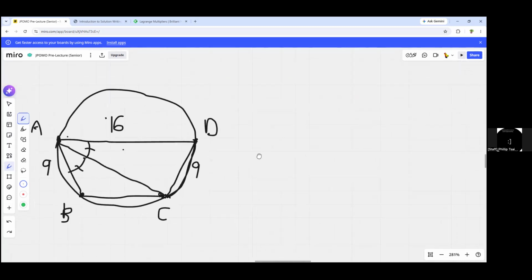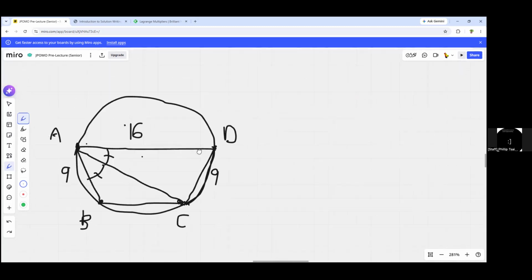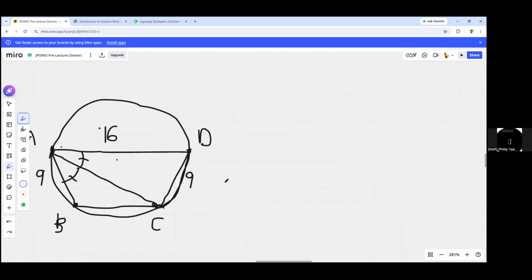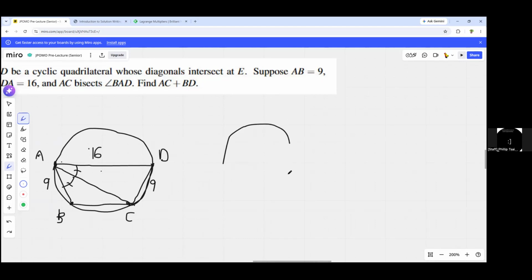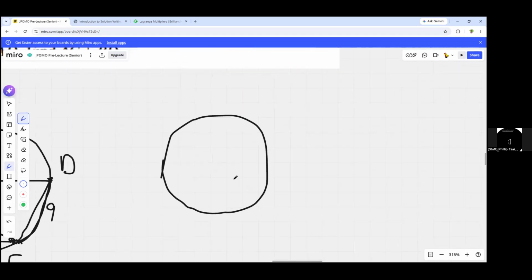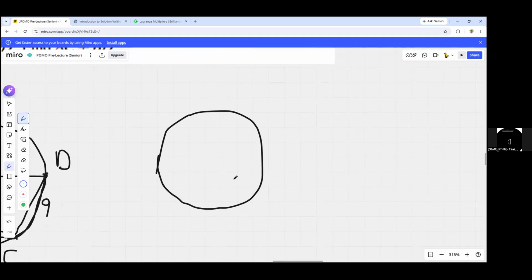And since an arc subtended by an angle must be twice that angle, it's a well-known fact that when an angle is inscribed in a circle, the arc subtended by the angle is twice that angle.